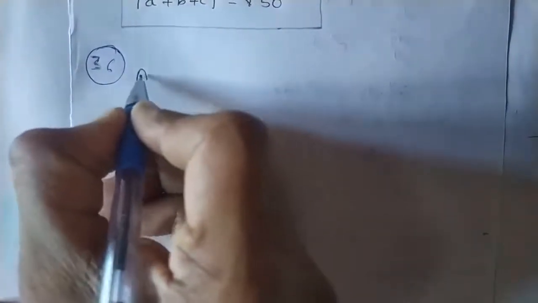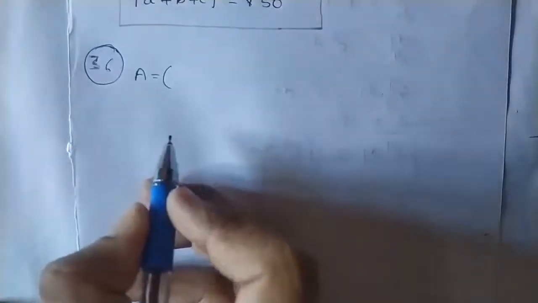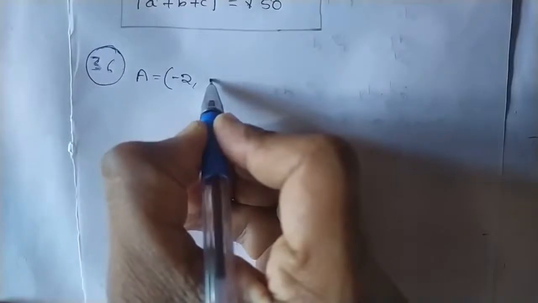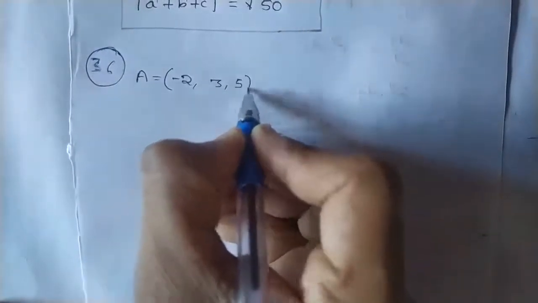Show that the points A (-2i + 3j + 5k), B (i + 2j + 3k), and C (7i - k) are collinear. We have to prove that the given points are collinear. So first, write the points. A is -2, 3, 5.